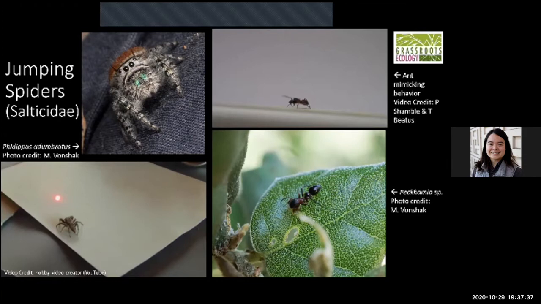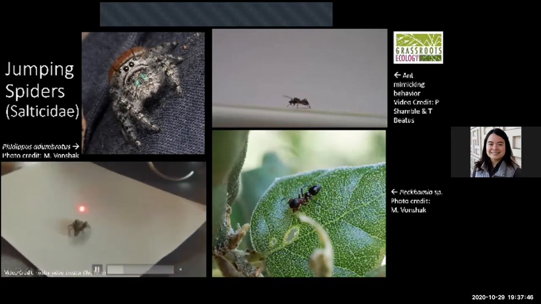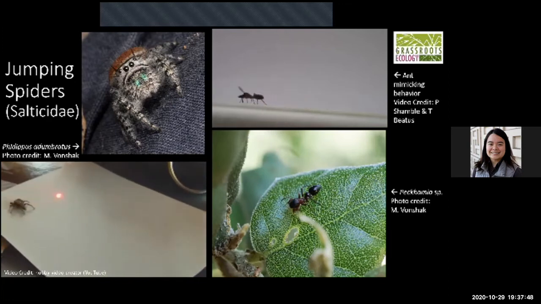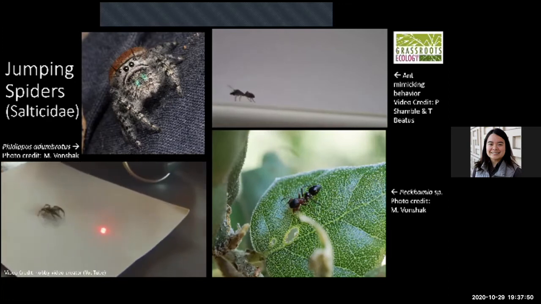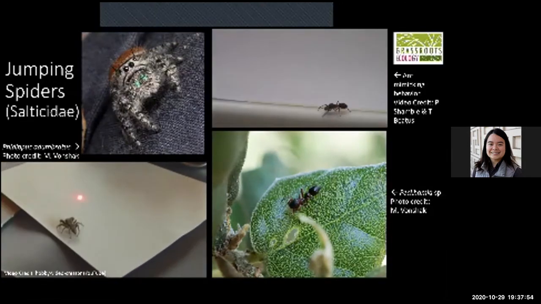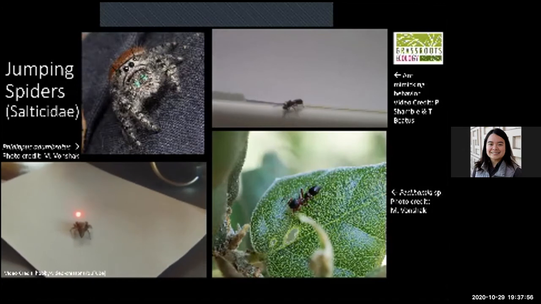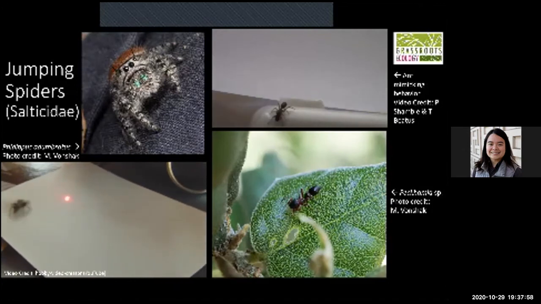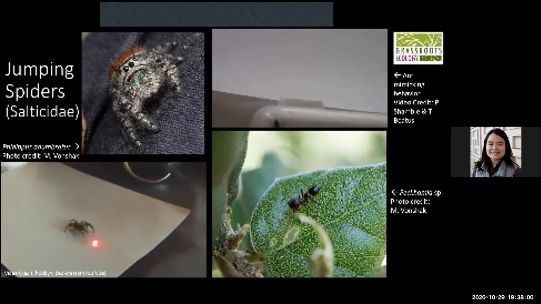They have these big beady eyes that are staring straight at us, and they actually behave in a very cat-like manner. I was talking about other spiders using webs to sense vibrations, but jumping spiders are really unique in that they use their eyes a lot to detect prey and to detect light. And so they'll actually use their eyes to hunt for things.